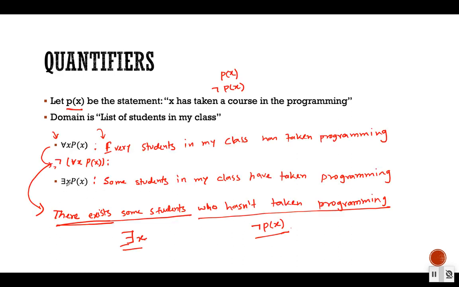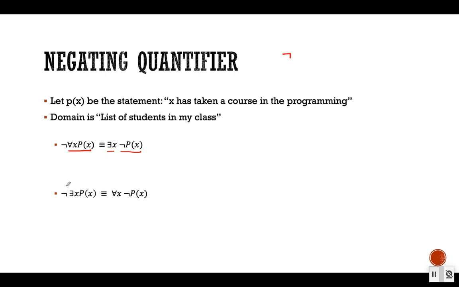All right, now let's see the negation of the existential quantifier. This statement without the negation represents that some of my students have taken a programming course. There exists at least one student who has taken a programming course. What about the negation of this one?